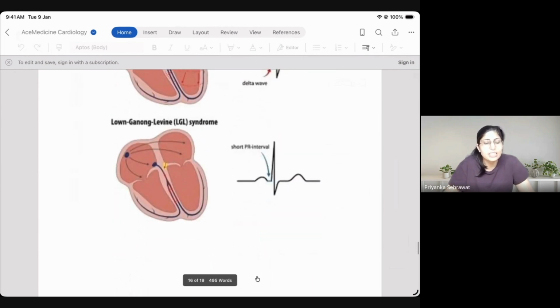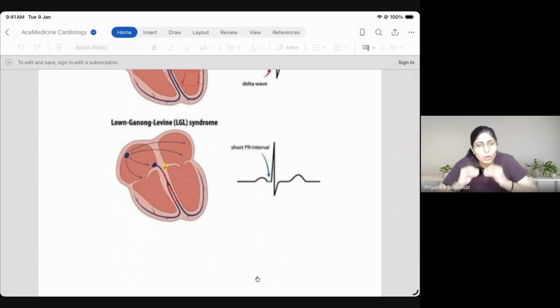In LGL syndrome, because it is an intranodal aberrant pathway, delta wave doesn't get formed, because it is not an outside pathway, it is intranodal only. So the aberrant pathway inside the AV node leads to more or faster conduction of the current to the ventricle. So what happens is just the PR interval gets shortened. There is no delta wave.